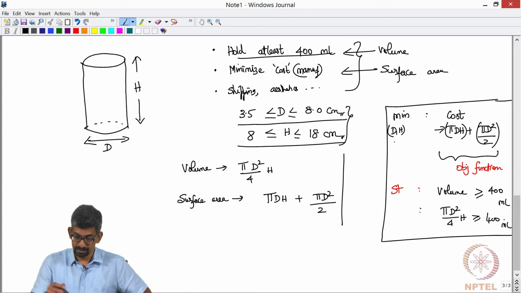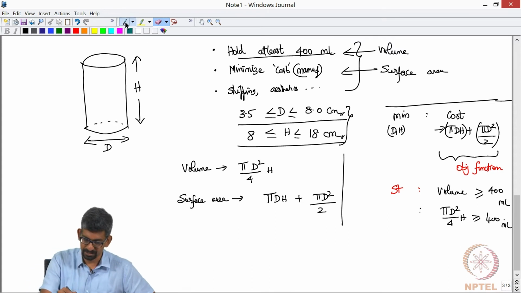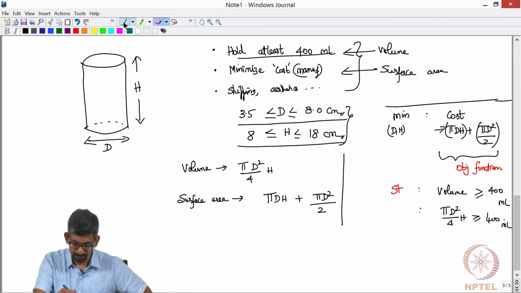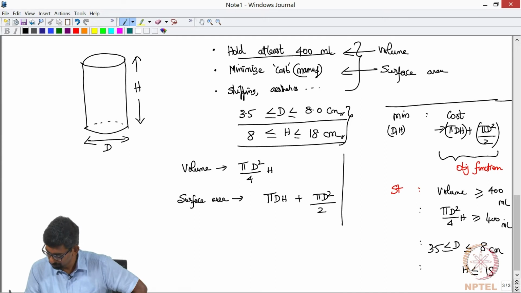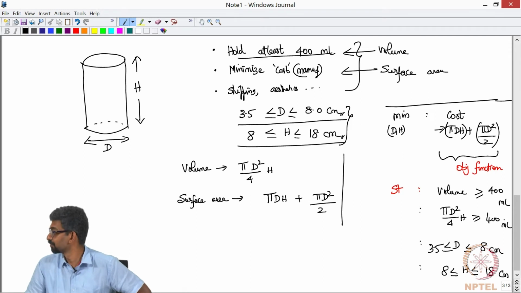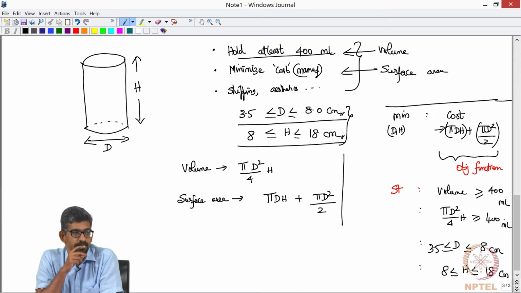Oh, correct, there are some bounds also, sorry, those are also constraints, such that D cannot vary. This is your problem formulation.